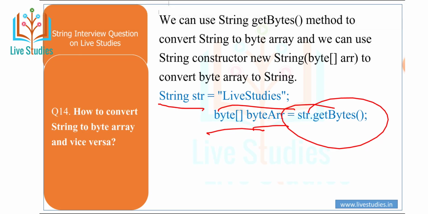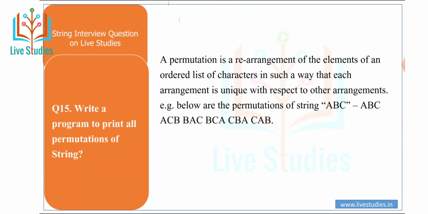Another question is, write a program to print all permutations of a string. A permutation is a rearrangement of the elements of an ordered list of characters in such a way that each arrangement is unique with respect to other arrangements.